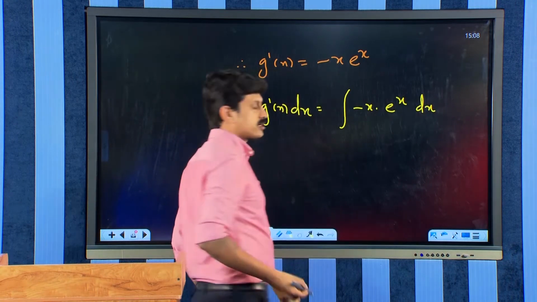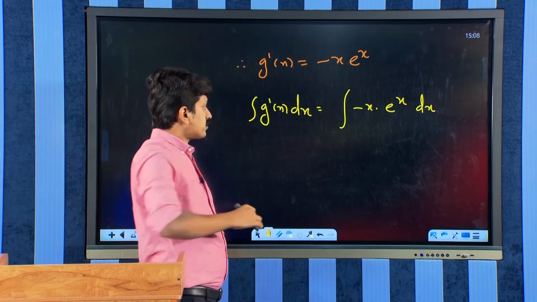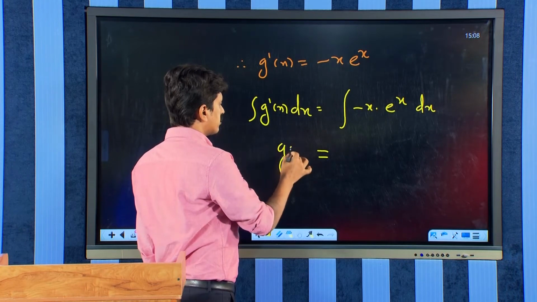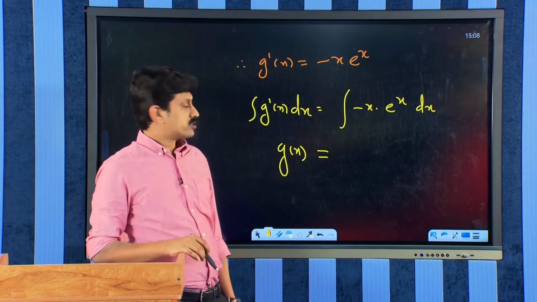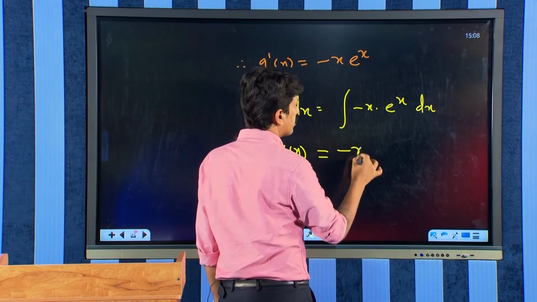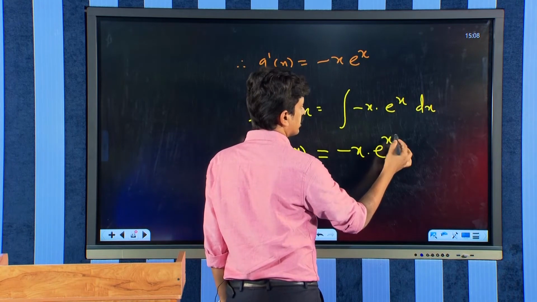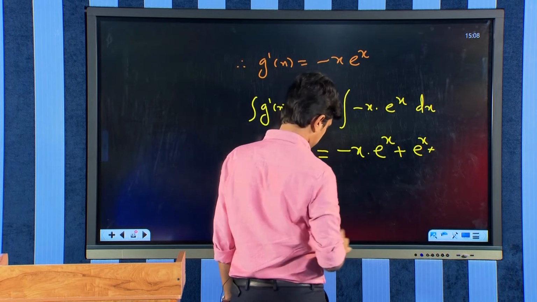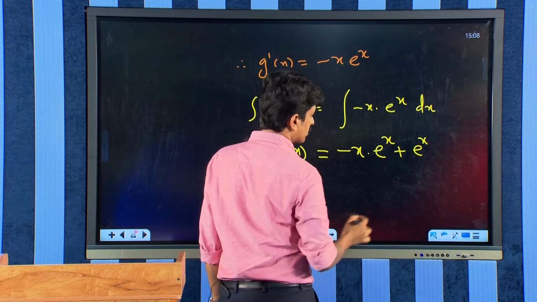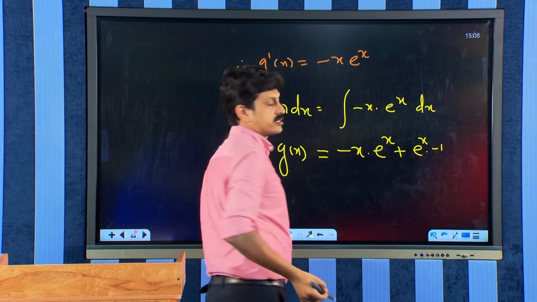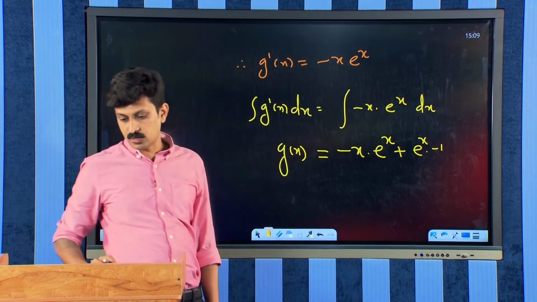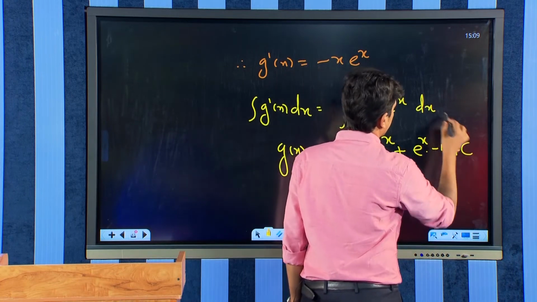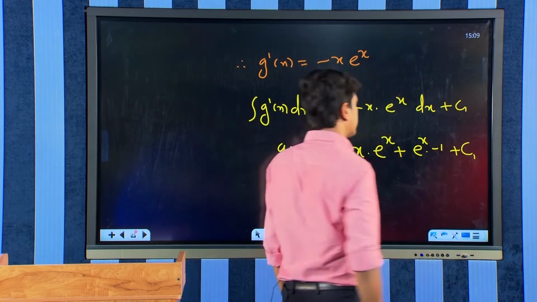Integrating by parts, minus x into the integral of e raised to x, which is e raised to x, plus e raised to x into the derivative of minus x, which is minus 1, plus the constant of integration C1.